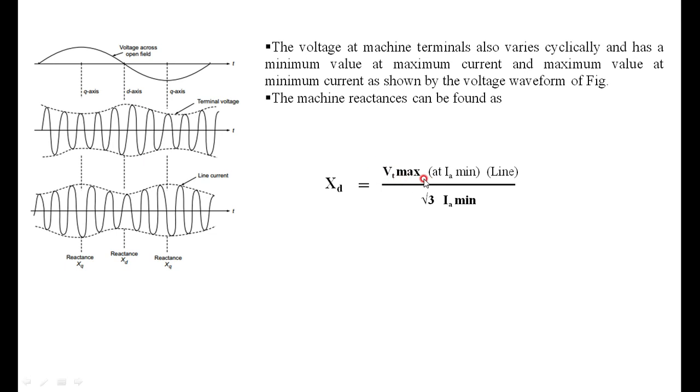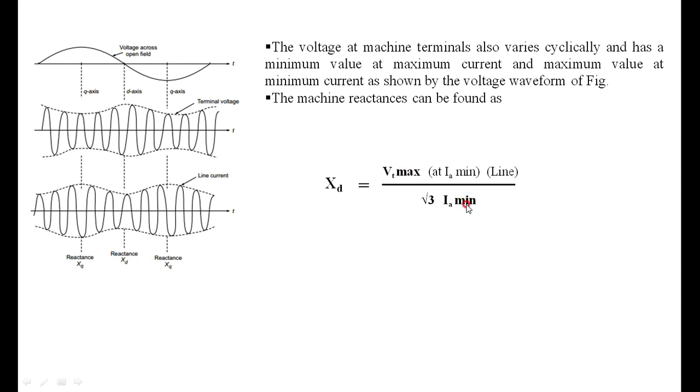However, this is a line value, so you divide by root 3 to get the per phase voltage. Therefore Vt max divided by root 3 is the phase voltage.